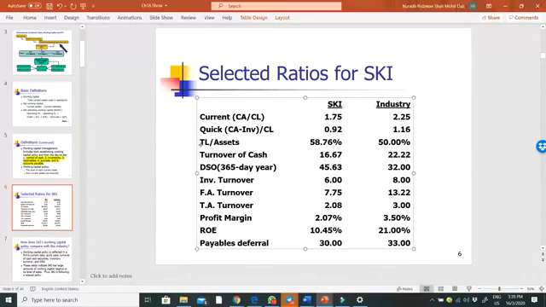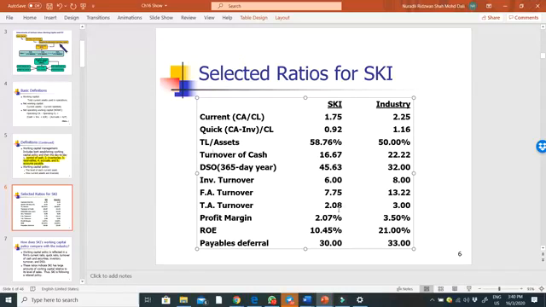Then we have TL over assets, which for SKI is 50%. Turnover of cash is 16.67, industry 22.2. DSO, 365 days per year, 45.6 versus 32. Inventory turnover 6, versus 8. Fixed asset turnover 7.75, versus 13.22.